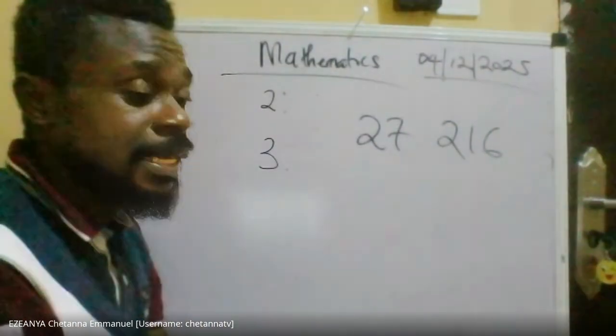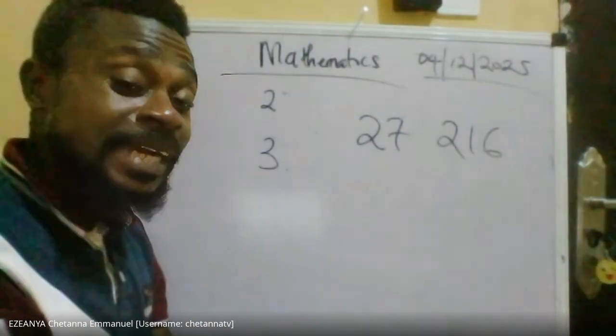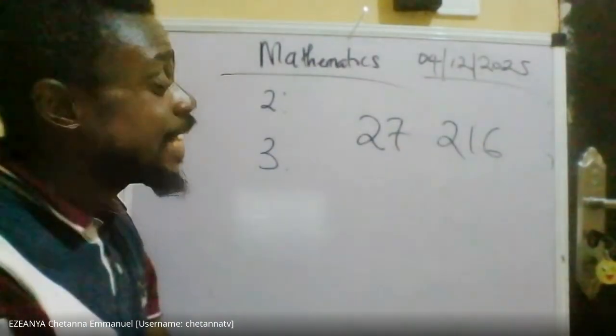Plus 6, 9. 9 divided by 3 is 3. So by this rule, 216 is divisible by 3.